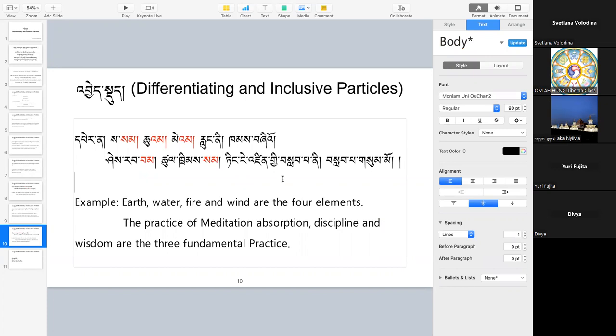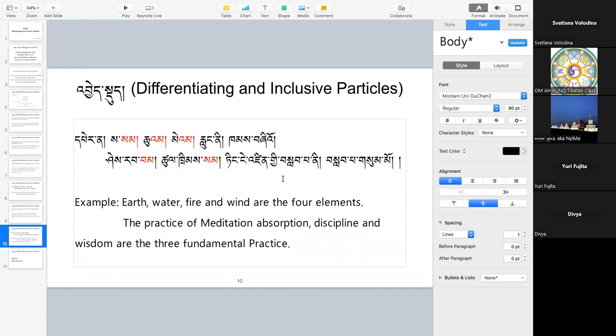But since it is called the inclusive case, we see that the significance lies greatly towards the nature of the statement. And what is the nature of the statement? The nature of the statement is inclusive rather than differentiating. And so it's called inclusive.